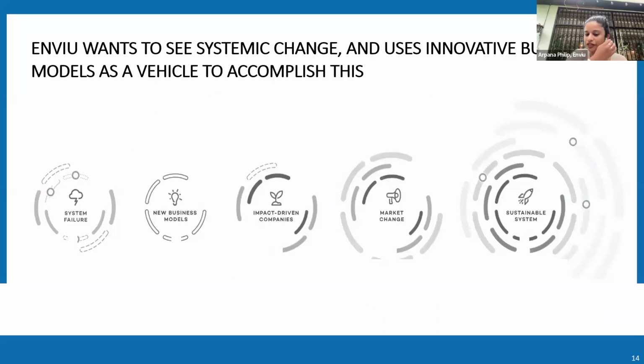I want to take a moment to talk about why our approach was chosen. Enview envisions a future that sees systemic change, not just at a micro level, but at a larger level. If you look at the circle on the left, you'll see we see some sort of gap in an industry or a system.